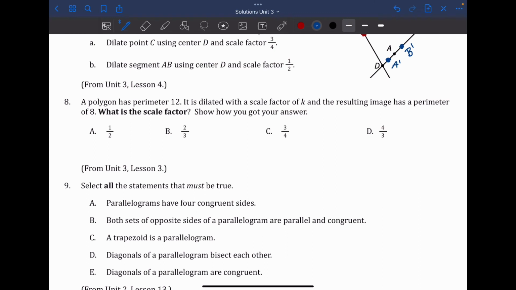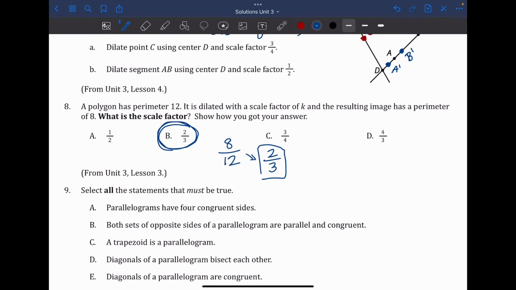So if it has a perimeter of 8, we're going to use 8, and that's going to be divided by 12. We're going to reduce this as far as possible, which means we would be able to divide both of these by 4, and it would reduce to 2 over 3. So this is a scale factor of 2/3, or B.